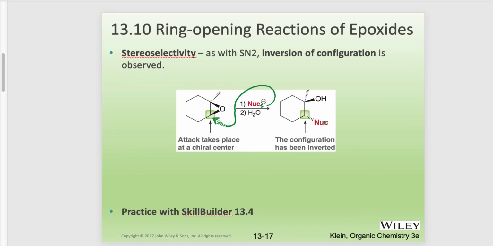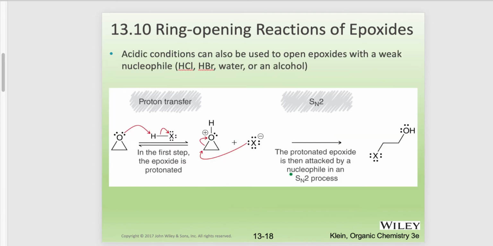Okay, and now we see that the nucleophile is in a trans relationship to what ends up being the alcohol. So this stereochemistry here was basically inverted through this process. Remember that skill builder review practice is very important. Practice, practice, practice. It will be very helpful. So here we see it.